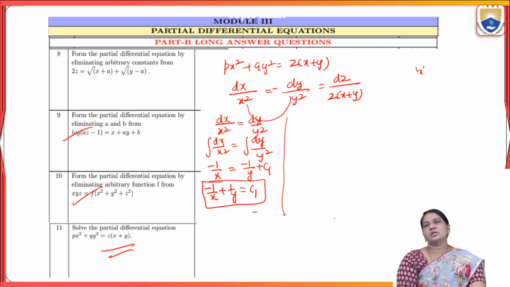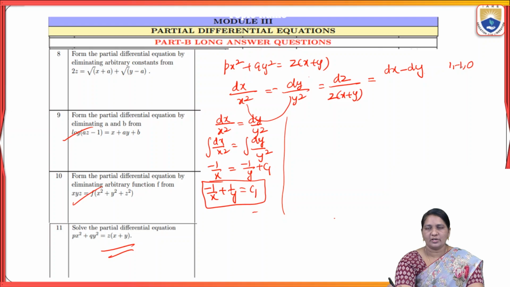For the second solution I can use the multipliers. Otherwise I take one more fraction ratio here. I am taking dx − dy, with 1, −1, 0 as the multipliers to get the fraction, so (dx − dy)/(x² − y²).